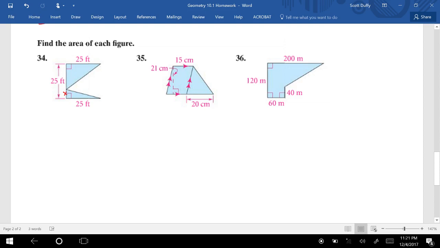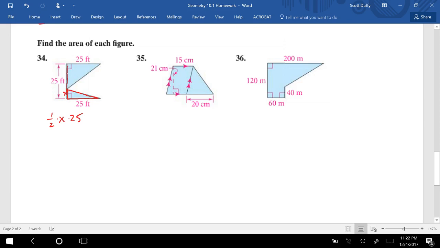So the area of this triangle right here is going to be 1/2 times x times 25. And then the area of this triangle, well, if this whole length is 25, and we say this is x, then this length would be 25 minus x.